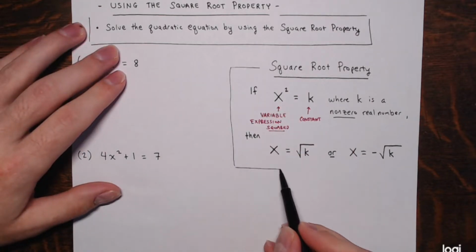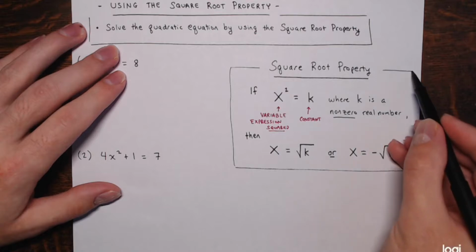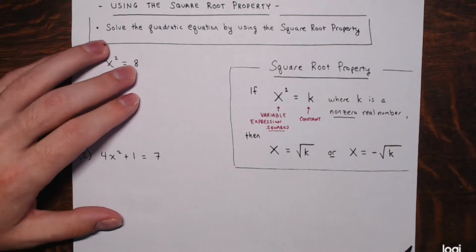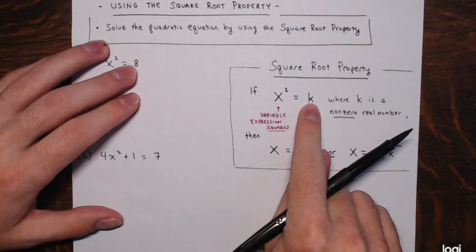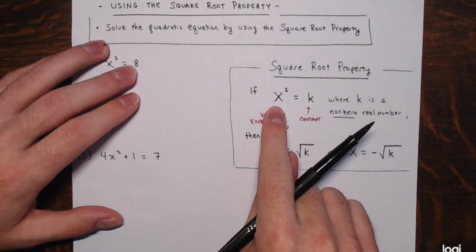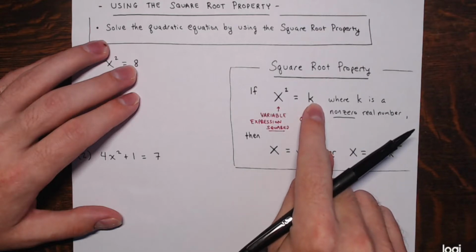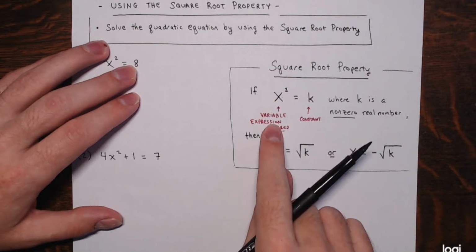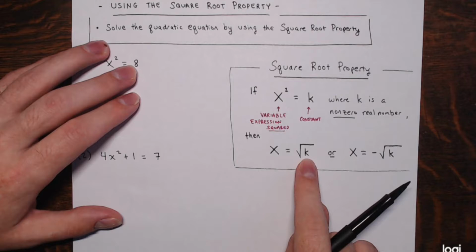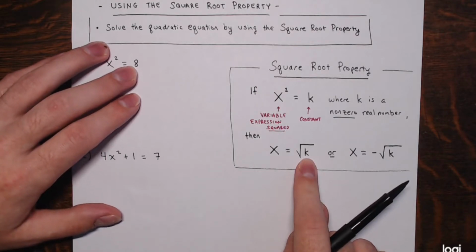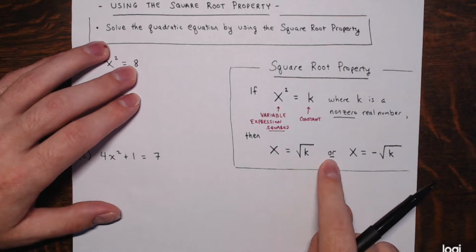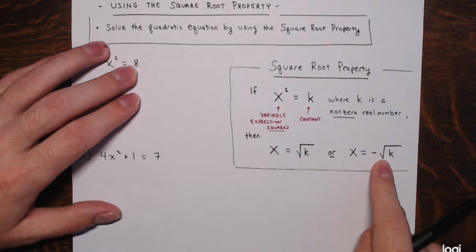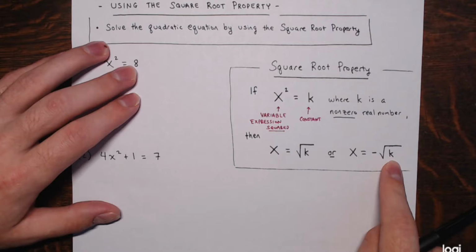This is the square root property. Right? So we get the equation in this form: variable expression squared equals constant, and then basically say, well, then that variable expression must either be the principal square root of that constant, or the negative or opposite of the principal square root of that constant.